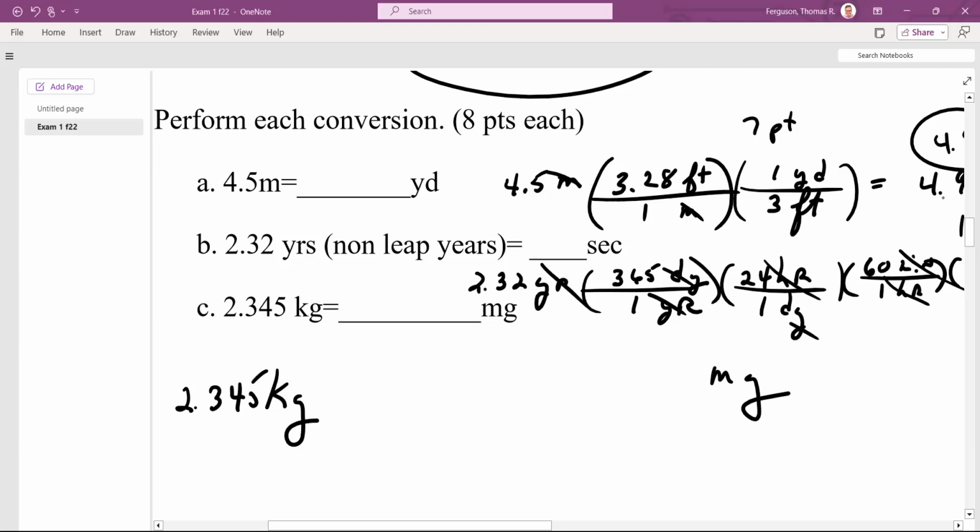There is one, but I suggest you not use it. I suggest you use, what is the base unit here? Grams. So convert to the base unit, which would be the most straightforward way. But you can't go directly from that to that. That's a million back there, but I recommend you just go to the base unit. So kilograms to grams.